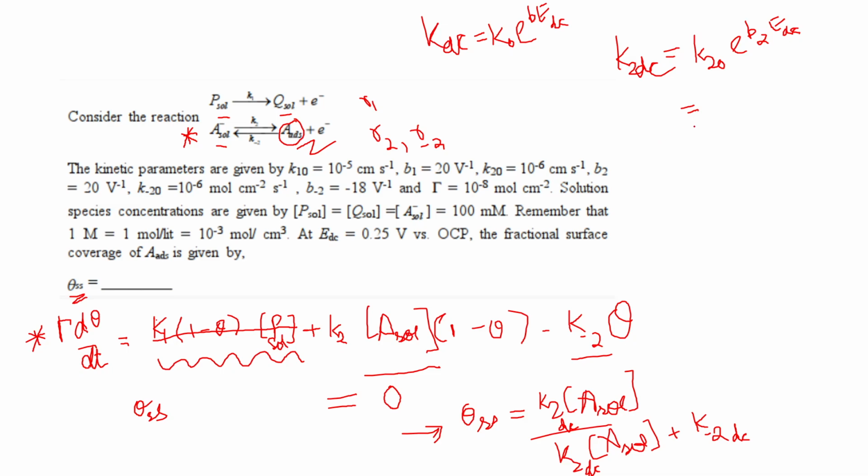K20 is nothing but 10 to the power minus 6 centimeter per second. And it will be nothing but exponential of B2. B2 is 20. And you're supposed to find it at 0.25.